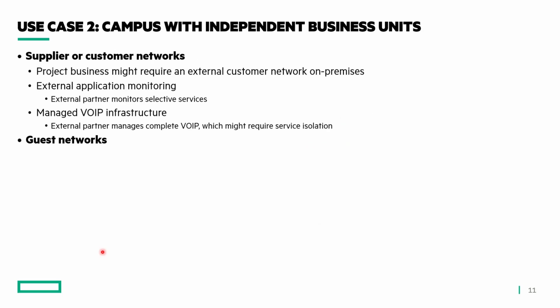Campus with independent business units: they can also have a guest network completely isolated, and probably have some other networks for other purposes, like VoIP, or applications that might require streaming, and so on. And maybe a dev project, DevOps, can have their own VPN, VRF Lite.